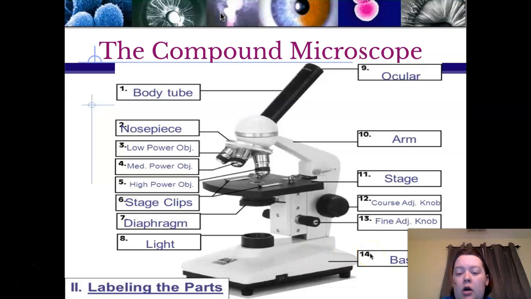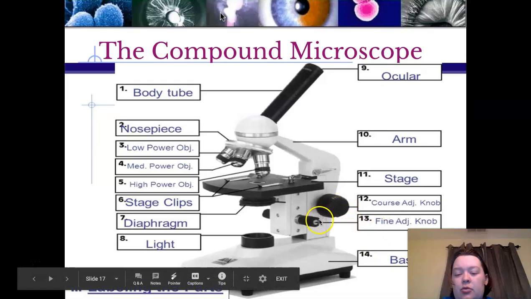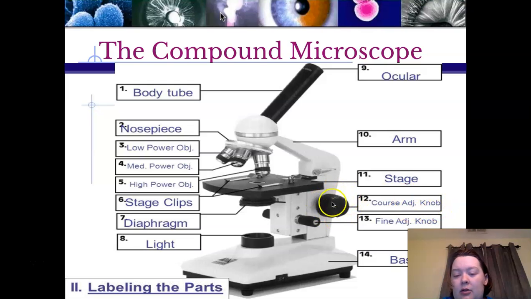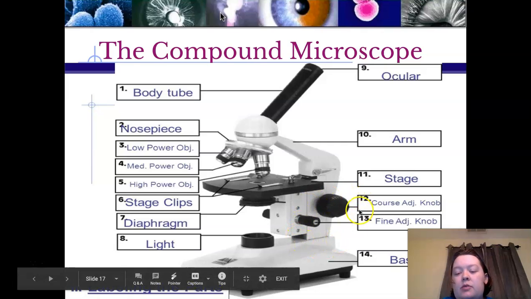Now when we are trying to focus our specimen, we're going to need these 2 knobs here. The coarse adjustment knob is going to be the largest knob, and we spin that to make large adjustments to how clear our image is. So we use our adjustment knobs for resolution to make our image clearer.